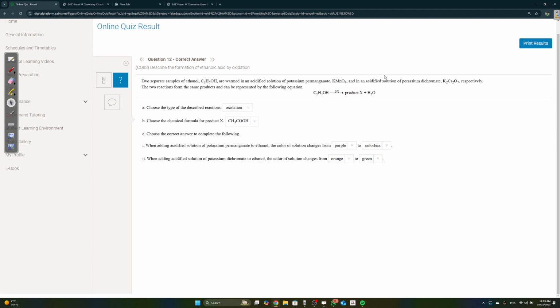If you want to big brain it, you're adding an alcohol to an oxidizing agent. You should know that both of these are oxidizing agents. It's required for you to know it, okay? You're adding an alcohol to an oxidizing agent. So what's going to happen? You're going to get a carboxylic acid. So this product X should be a carboxylic acid. Someone's going to come tell me, what's the carboxylic acid? Look here, you started with C2H5OH.